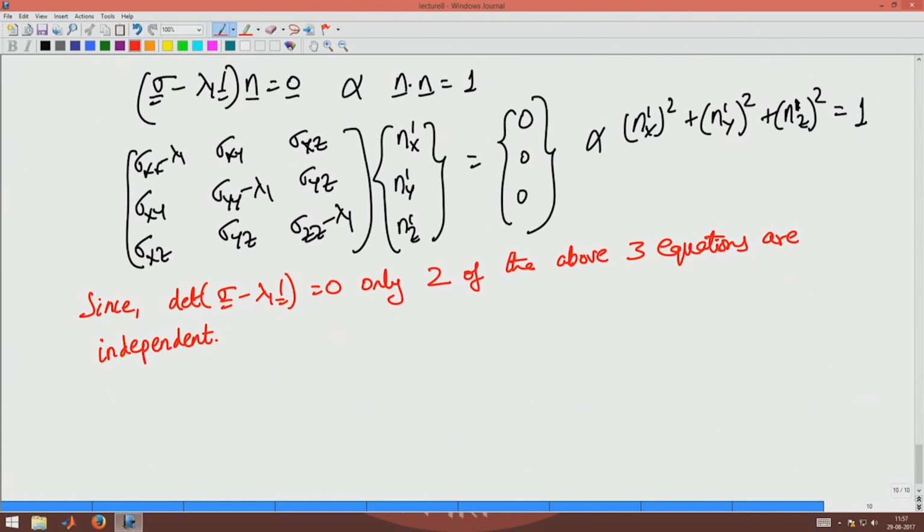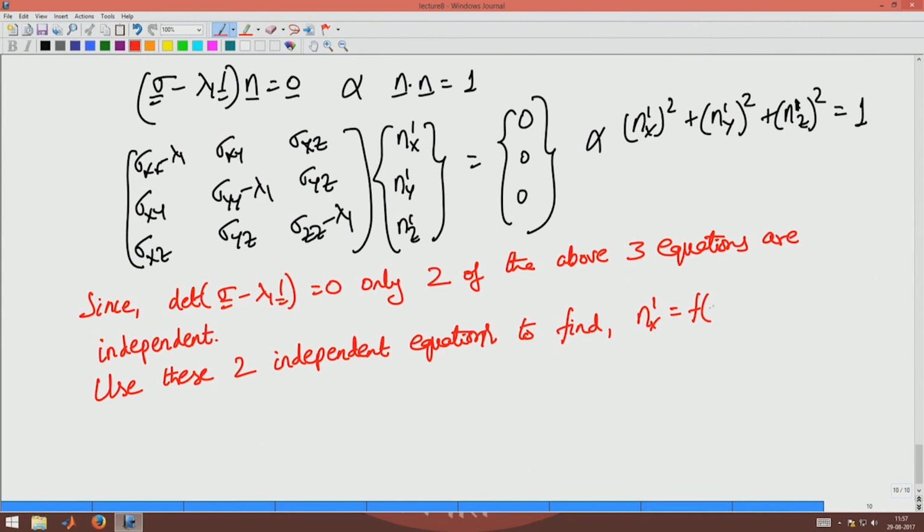So, I will use these 2 independent equations to find nx1 as a function of nz1 and ny1 as some other function of nz1.